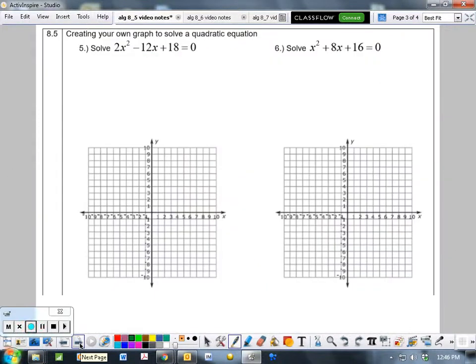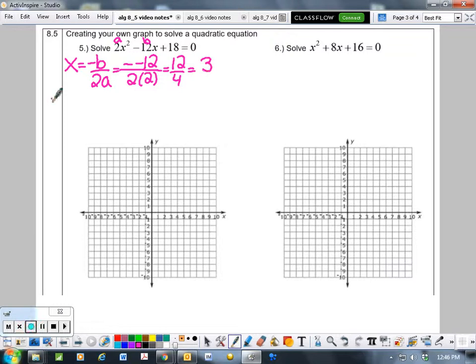But you're not always going to have a graph. So here we're going to take a look at, what do we do if there's not a graph? Well, we create our own graph. How do we create our graph? Well, we find the vertex by starting off with x equals negative b over 2a, where this is our a and this is our b. So x equals negative 12 over 2 times 2, which is positive 12 over 4, which gives us 3.